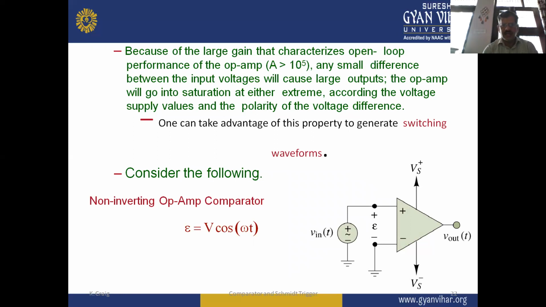This circuit diagram shows the non-inverting op-amp comparator, in which the input voltage is applied to the non-inverting terminal of the op-amp. So this is named the non-inverting op-amp comparator.